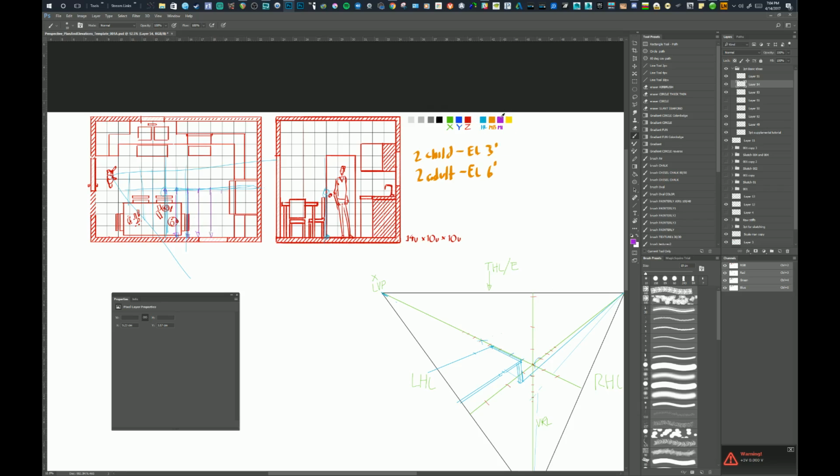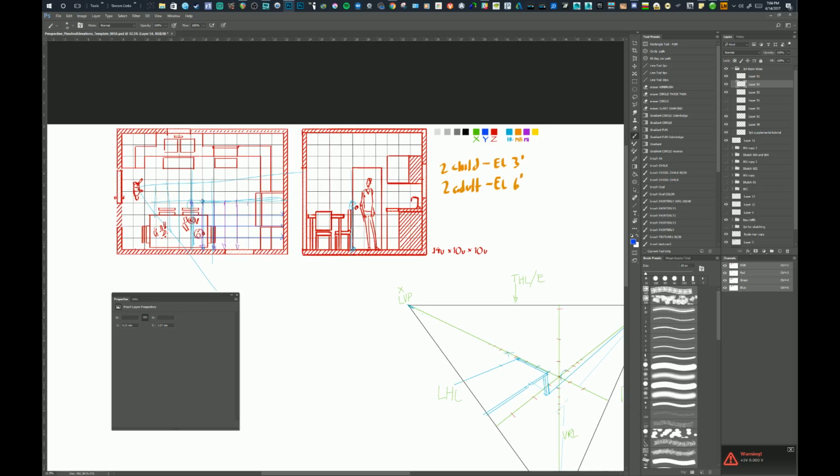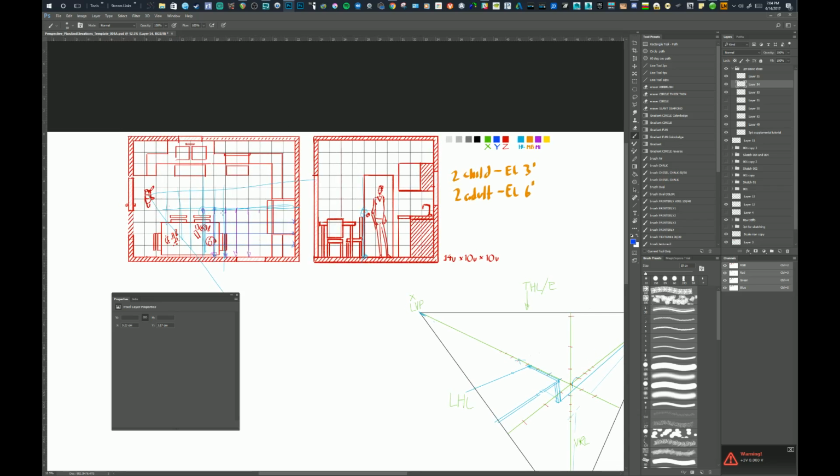You're trying to take, hold on, let me see here. You're trying to take these back to this back wall using your, what was it? This is X, this was Y. No, it was the other way around. So you want to take all your X foreshortened units over backwards in Y. And then you want to take all your Y foreshortened units backwards in X to reach the back wall.